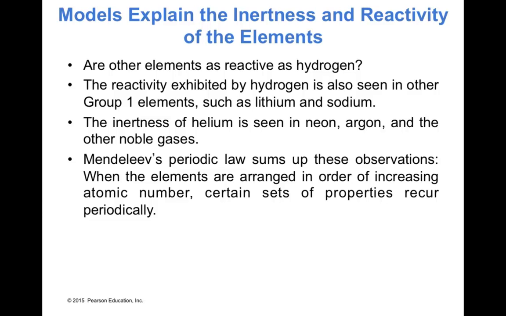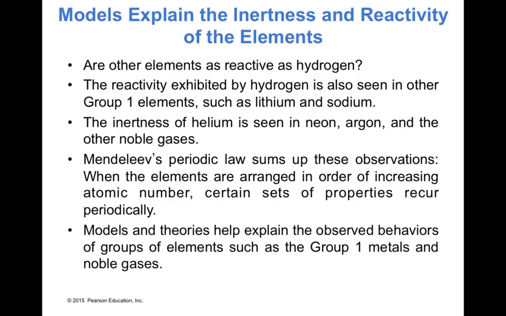When the elements are arranged in order of increasing atomic number, certain sets of properties recur periodically. Models and theories help explain the observed behaviors of groups of elements such as group 1 metals and noble gases.